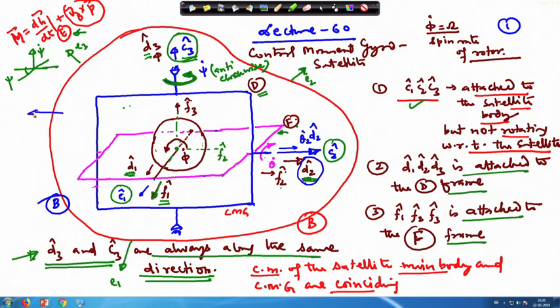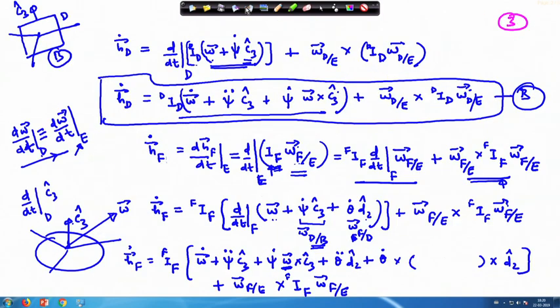So, this body is rotating at omega and also together with this frame is rotating at the psi dot to which your d 2 vector is attached, okay, to the d frame, and d frame is rotating at psi dot. So, we have to take care of these two factors. So, this is omega plus psi dot times c 3 cap. This is the angular velocity of the frame, the outer frame. Okay. So, the outer frame angular velocity.